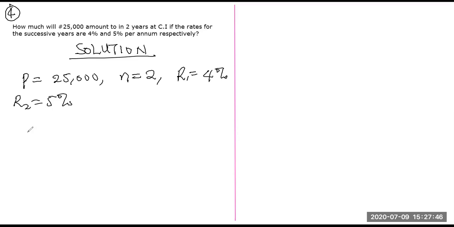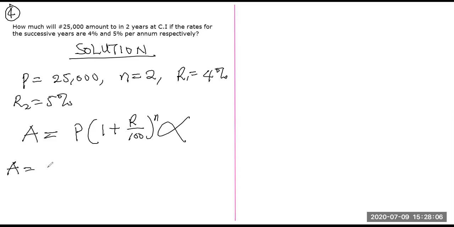All right. So we now say, what are they asking us to calculate? How much does it amount to? That means the amount, not the principal, not the interest. P into 1 plus R all over 100 raised to the power N. But because it is changing, we don't use this. The rate is changing. So you have to say that your A is equals to P, okay, this will have 1 plus R over 100, multiplied by 1 plus R over 100.